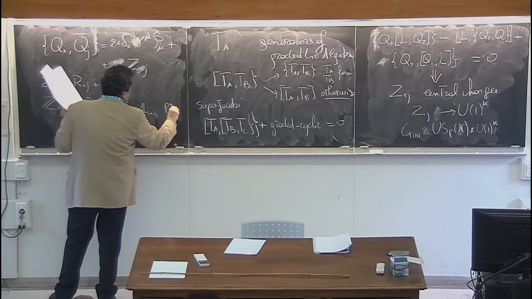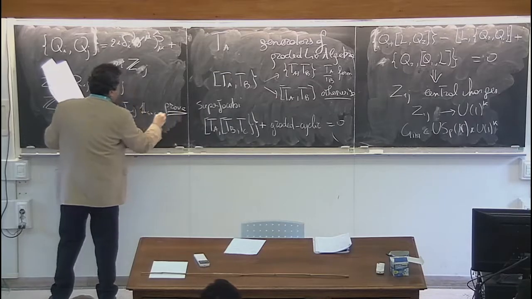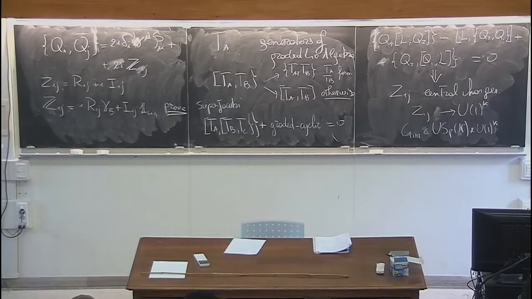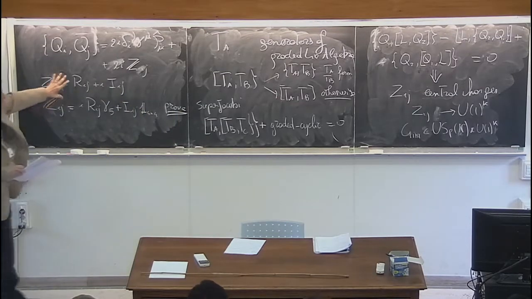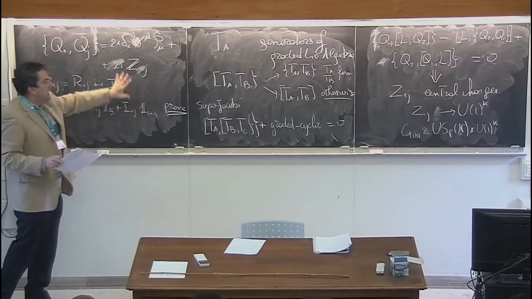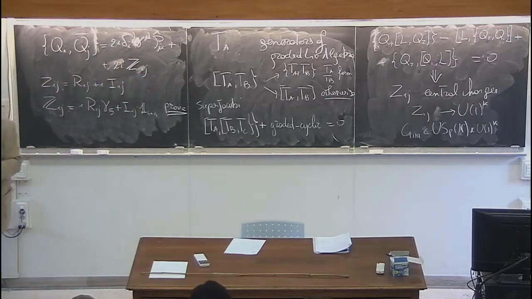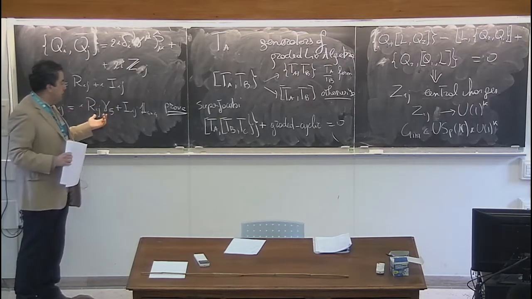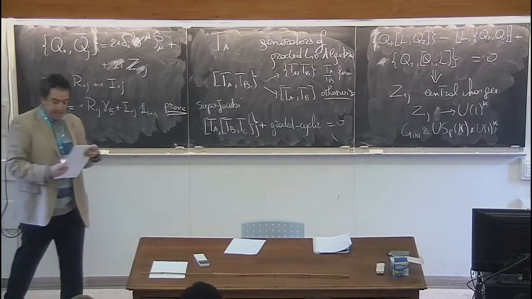That I invite you to prove: that the central charge in this four-spinor notation enters the anti-commutation relation in this form, as a spinorial matrix for each entry ij.